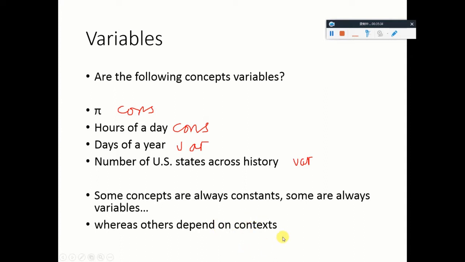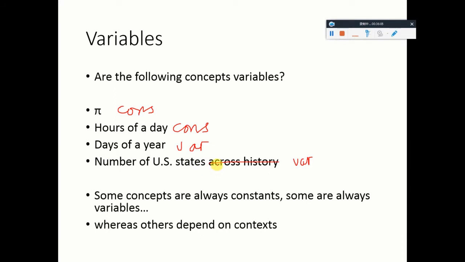ask the question. So if you ask whether the number of U.S. states across history is a variable, then it is, because we're talking about the change of the number of US states across time. But if we ask the same question, but take out "across history," so that we ask, is the number of US states a constant or a variable?